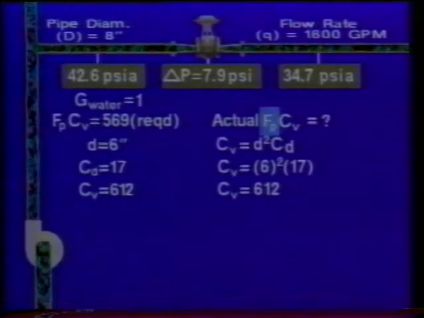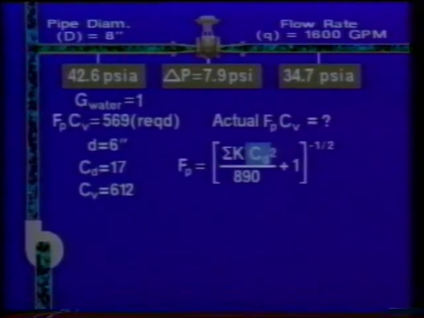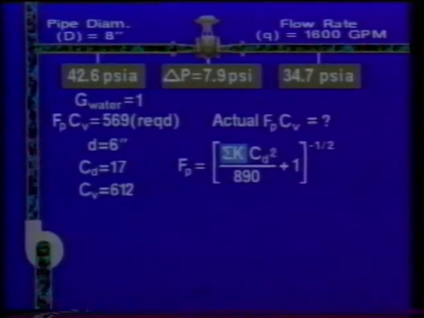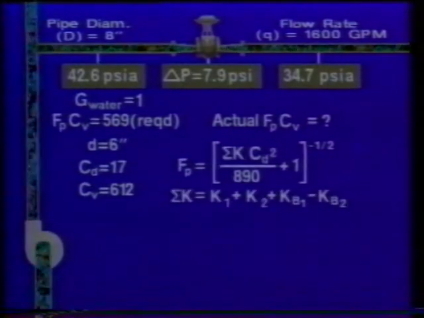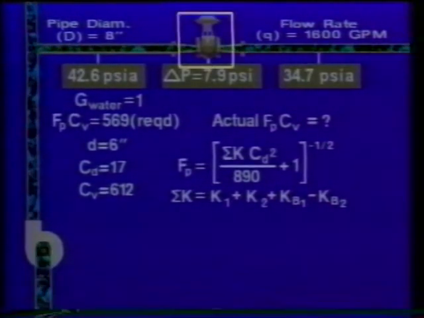Next, a value for the actual value of F sub P needs to be determined. This formula may be used. Since we already know that C sub D is equal to 17, the only unknown in this equation is sigma k. Sigma k is the sum of the k factors, or velocity head coefficients, associated with the inlet and outlet fittings in our installation.